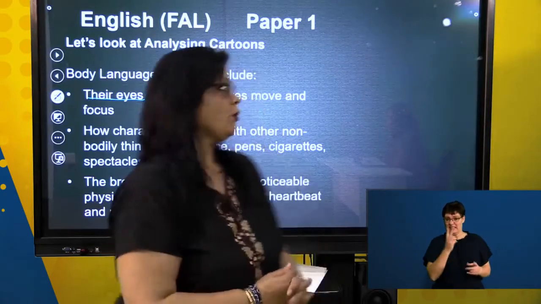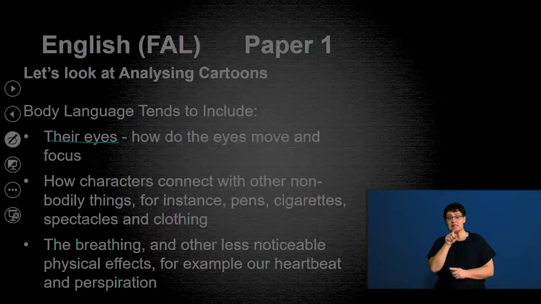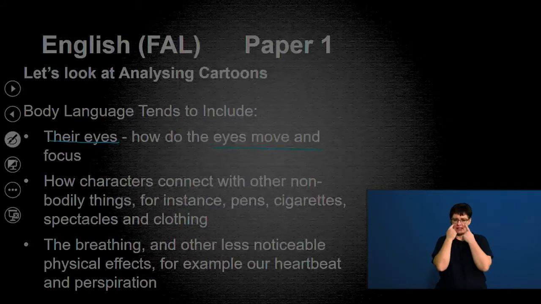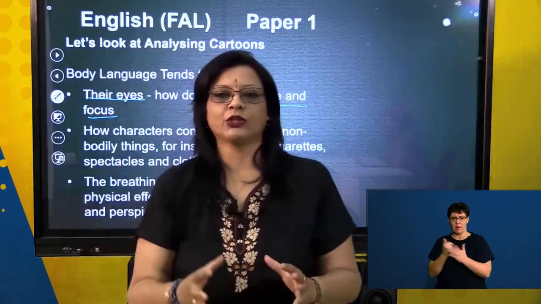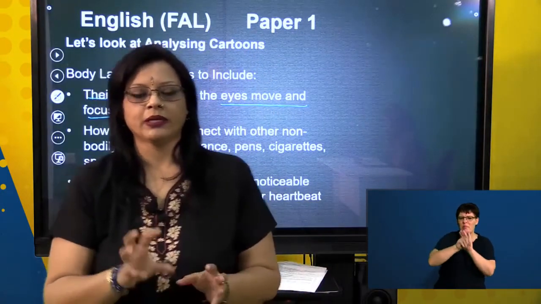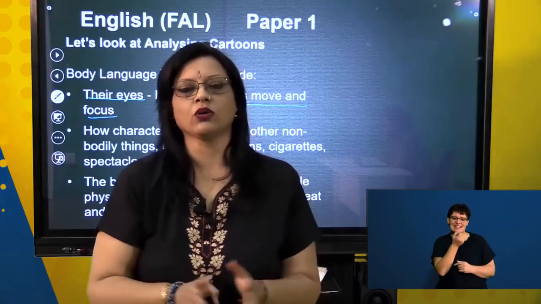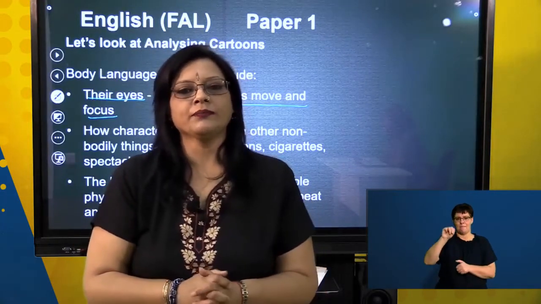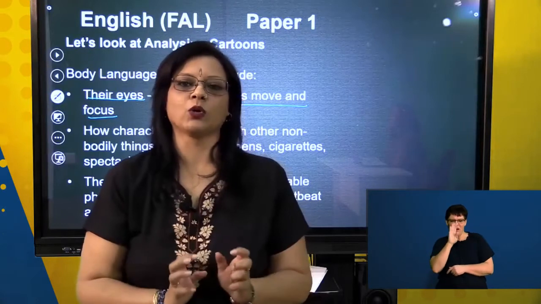So it will all depend on what my face looks like. So when we go back here and we look at your eyes, how do the eyes move? Sometimes the frame, you look at the eyes. If I am annoyed, now I'm going to take you back to your social networking and social media smileys or emoticons that you use. Remember, you have the one with the eyes rolling back.